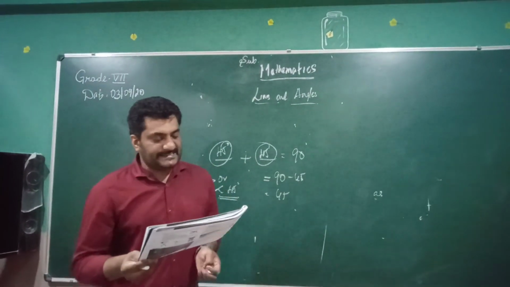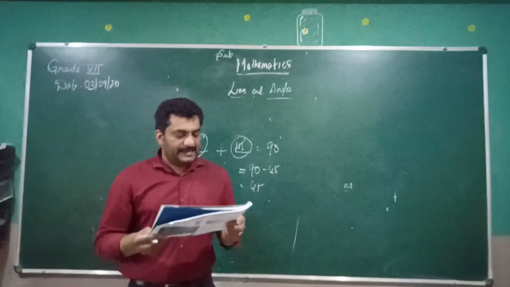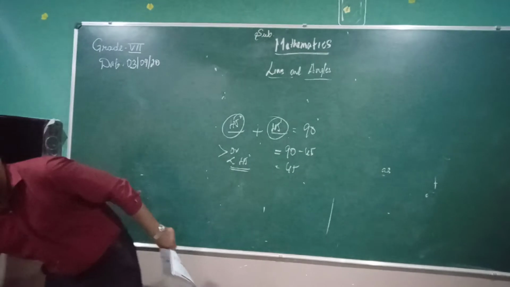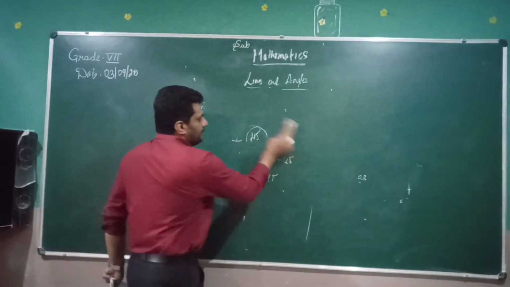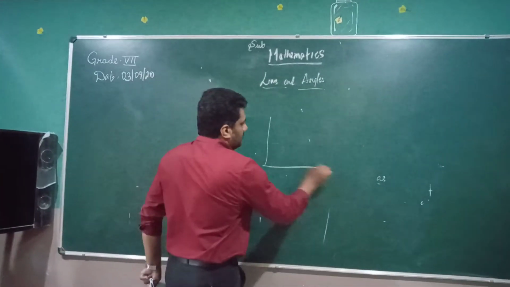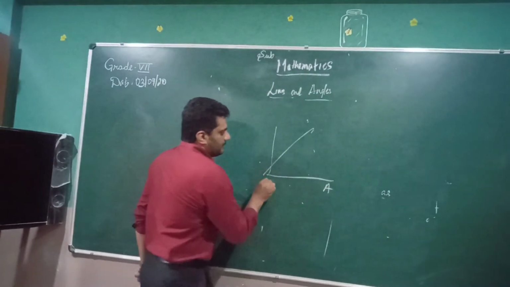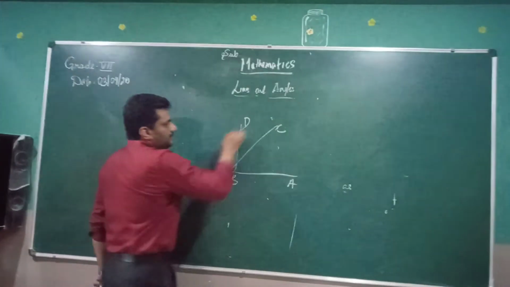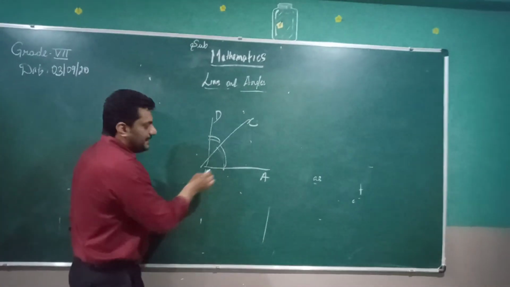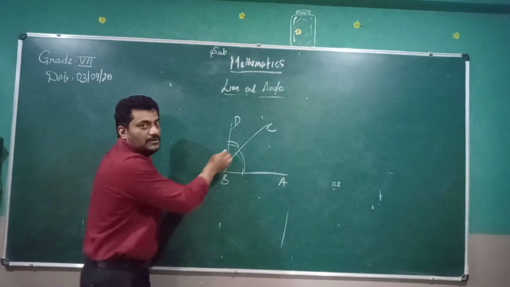Okay, in the ninth question, they are asking to get the adjacent angles. Now here, if you write A, B, C, D, these two are called adjacent angles. The angle next to this is called adjacent.